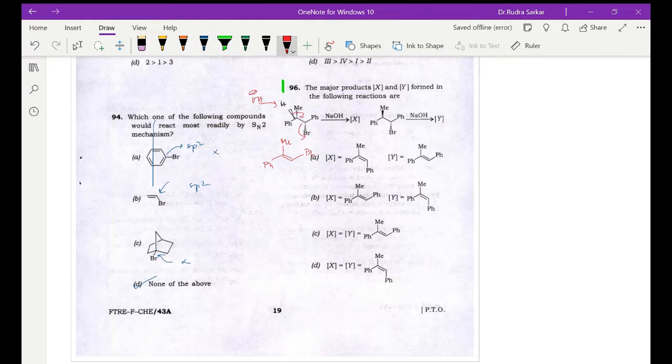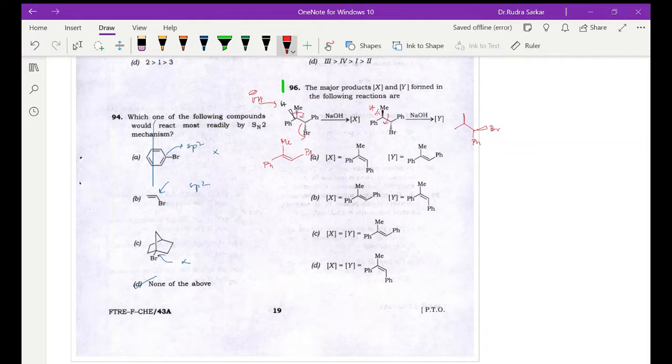And out here, as we can see, in this the hydrogen is in the same direction. So we have to rotate this bond, and that means what will happen? The Ph goes over here, and the Br goes over here.